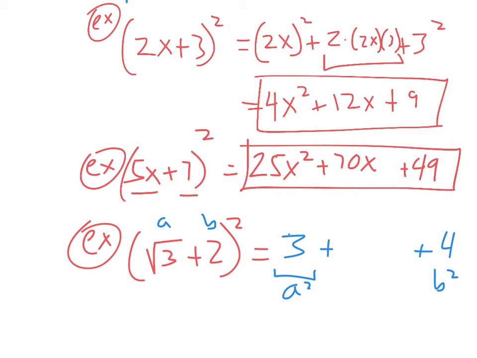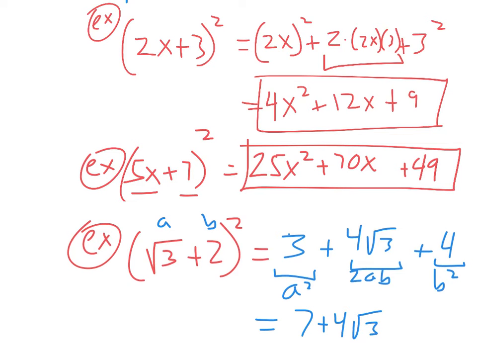And the middle is going to be 2ab. Well, multiply them. 2 times the square root of 3 is 2 square root of 3. Double that, it's 4 square root of 3. Now this one we can clean up a little bit further because 3 and 4 can combine. That is 7 plus 4 square root of 3.